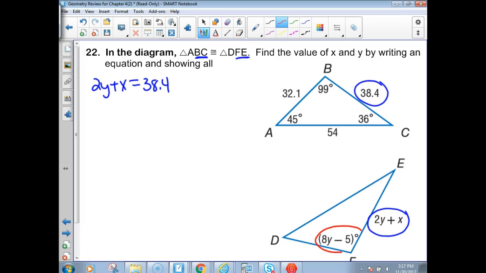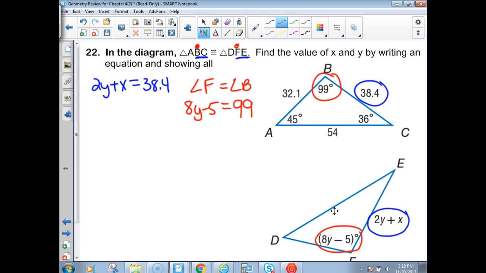We've got 8y minus 5 on angle F, and angle F corresponds to angle B. Since the measure of angle F equals angle B, I'm going to plug in 8y minus 5 for angle F, and then go up to angle B, which is 99.